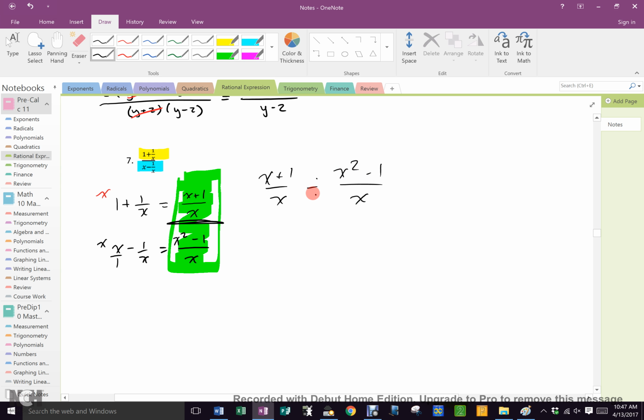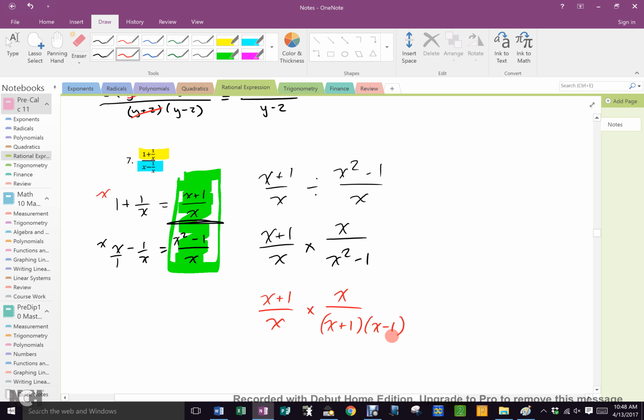What do you do with divided by? Flip the second one. So it's x plus 1 over x times x over x squared minus 1, yes? What do I get to do with those x's? Joel, before I cancel, what should I have done? I tricked you. Factor. X plus 1 over x times x, x plus 1, x minus 1.